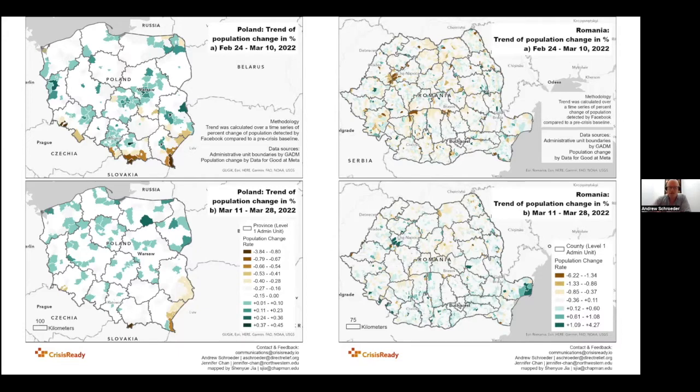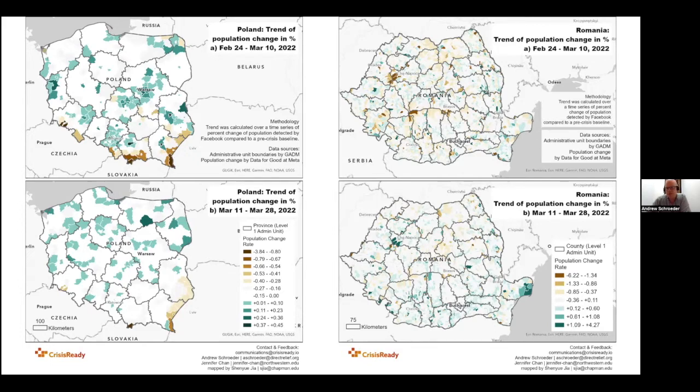So these are looking at the slopes of linear regression lines on changes in the percentage of population density change in admin 2 level areas of the surrounding countries. The top map is looking at immediately from the invasion on February 24th until March 10th, and then the March 11th to 28th period. There was a peak in movement across the borders around March 10th.